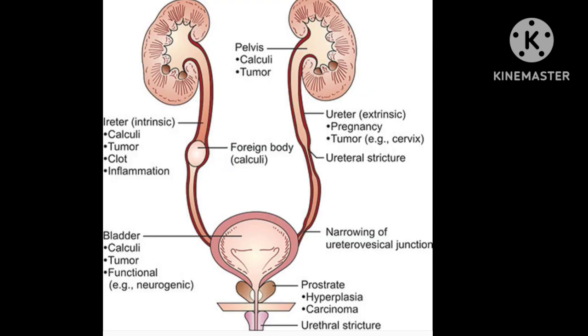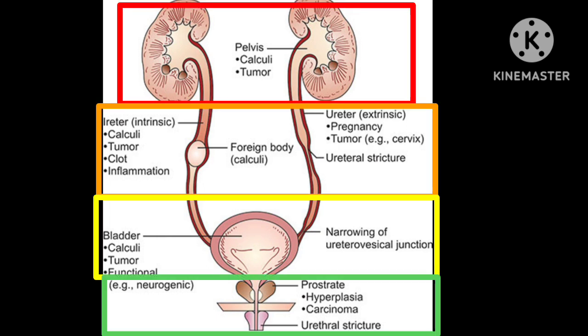A multitude of causes exist for hydronephrosis and hydroureter. Classification can be made according to the level within the urinary tract and whether the etiology is intrinsic, extrinsic, or functional.